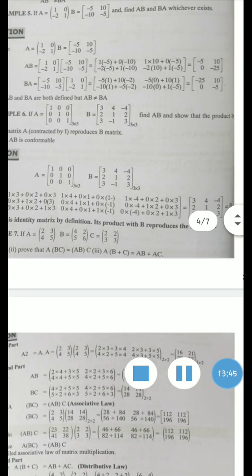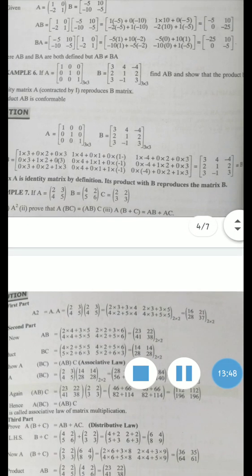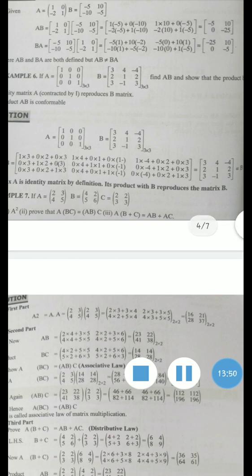You can see here that when they found AB, the answer is again equal to B only. So whenever we multiply any matrix by the identity matrix, the answer is the matrix itself.